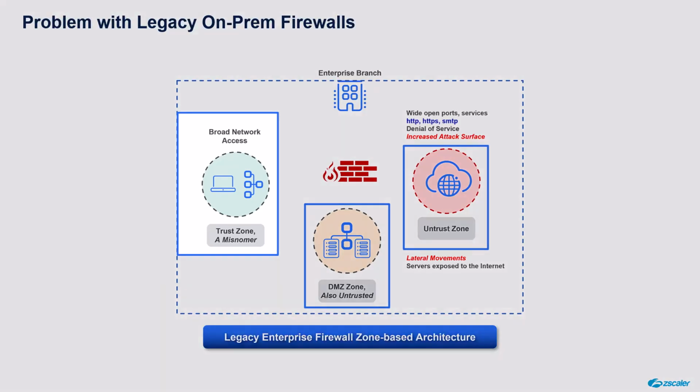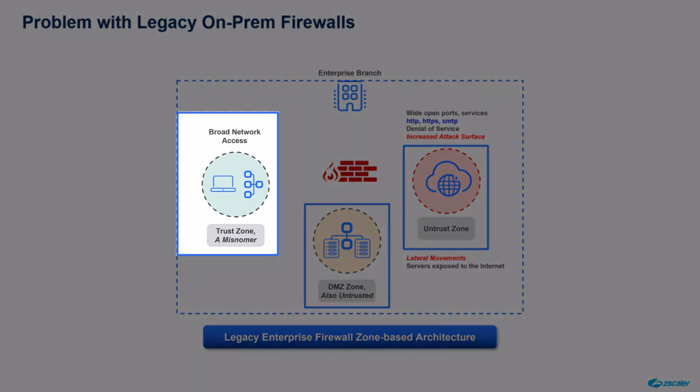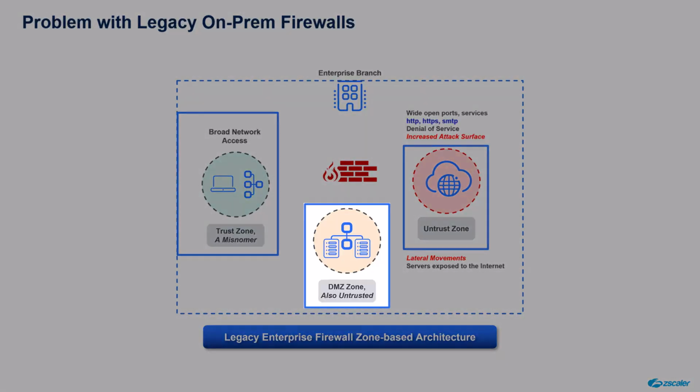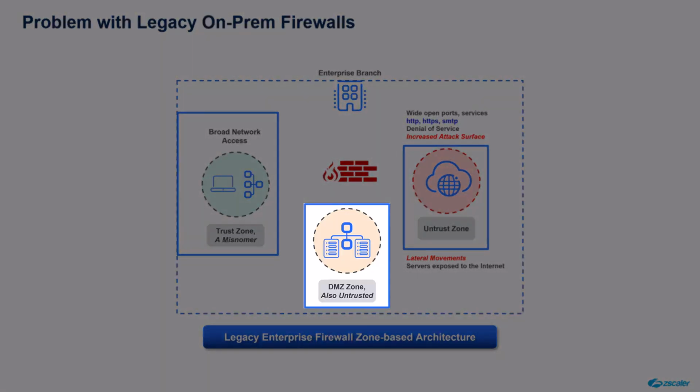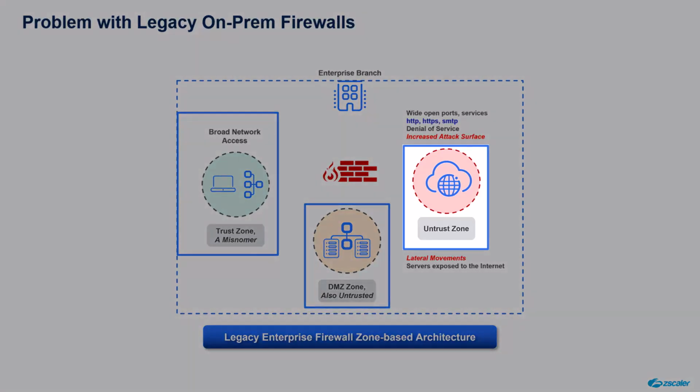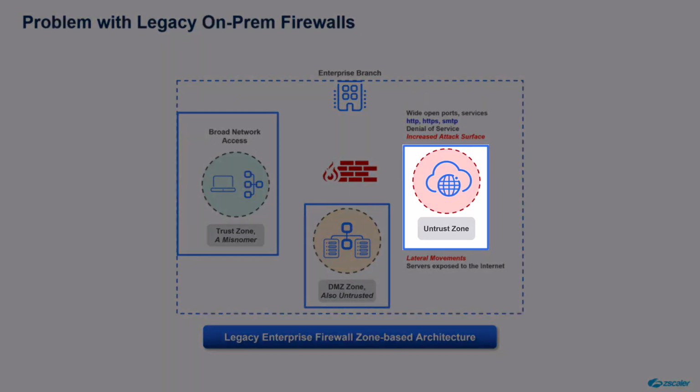Things like a trust zone for all the employees residing in that particular network segment, and all the servers and applications which are made available for users accessing within or outside of this location are part of demilitarized zones. And oftentimes anything which is internet or which needs to go outside of the local branch office to get access is put as an untrusted zone.